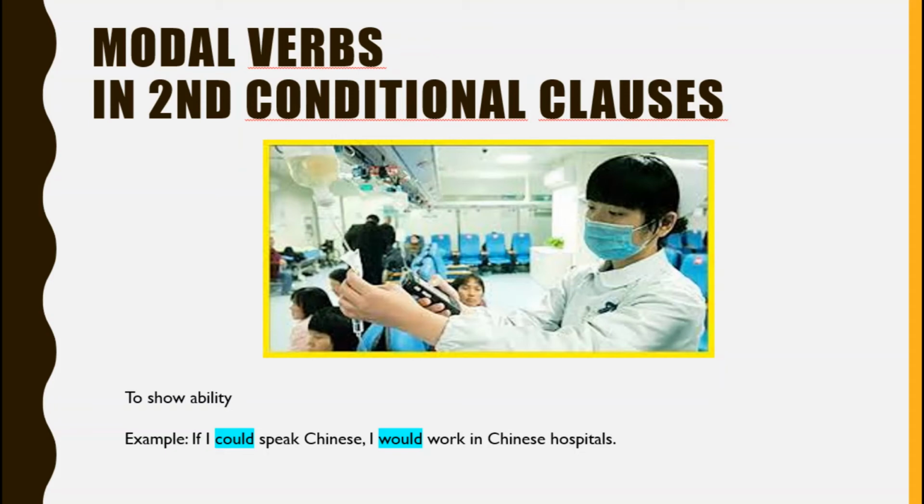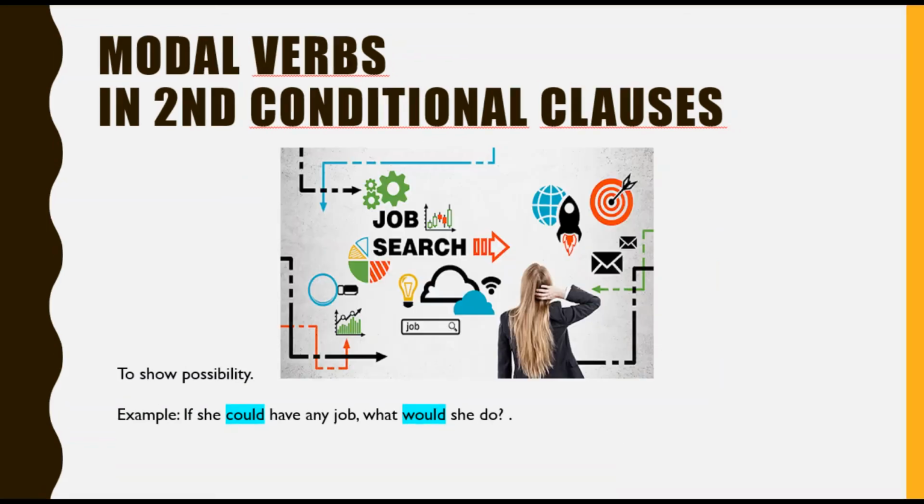If I could speak Chinese, I would work in Chinese hospitals. The person saying this has the ability to help in hospitals. However, he or she can't speak Chinese, so he or she can't do it now.